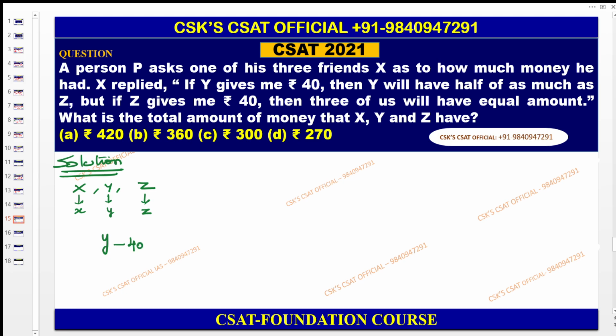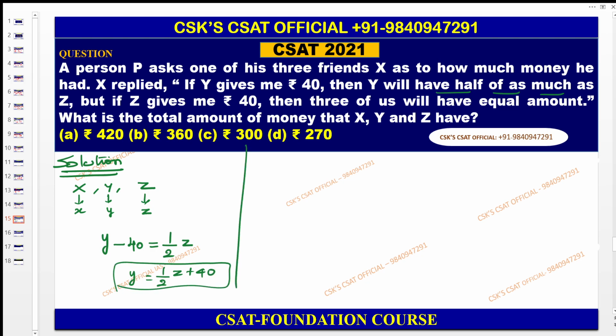Which means we have to reduce the 40 from the actual money held by Y, and Y will have half as much as Z, so half of Z. Rearrange this equation or keep it as it is, not an issue. Rearranging will become plus 40.